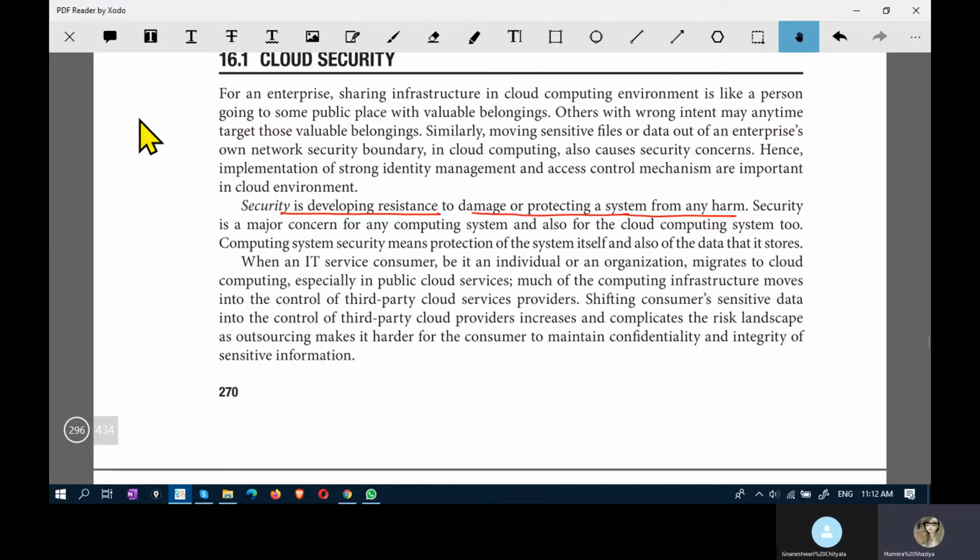For instance, you have a laptop. Okay, this is you, and you have a laptop, which is nothing but a system, a computer system. Whose responsibility is to protect this computer system? It is your responsibility.